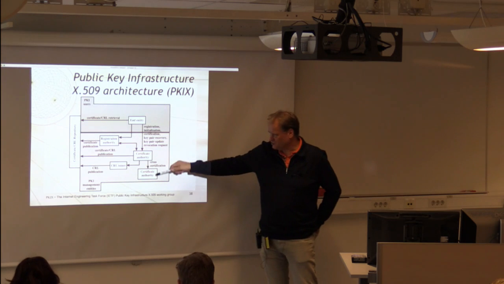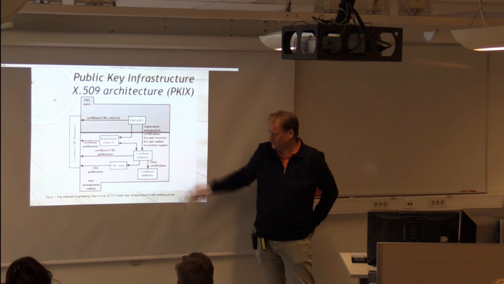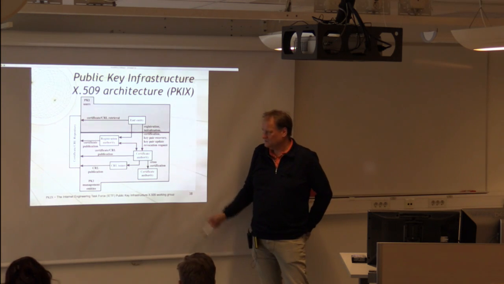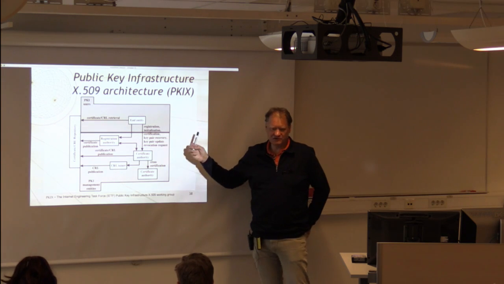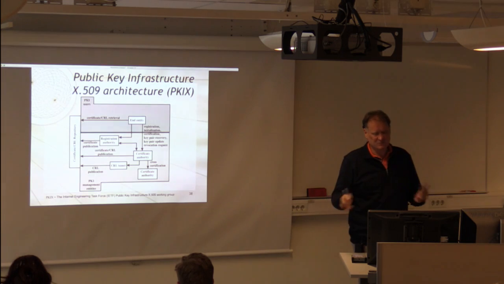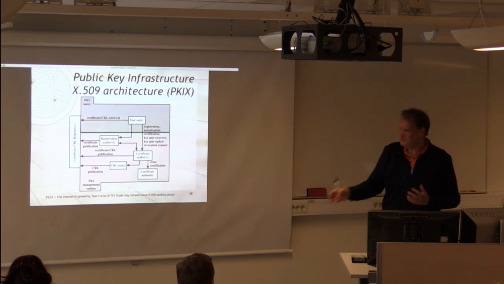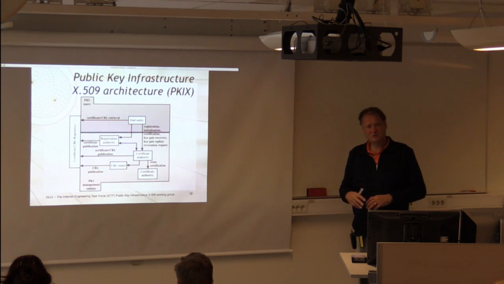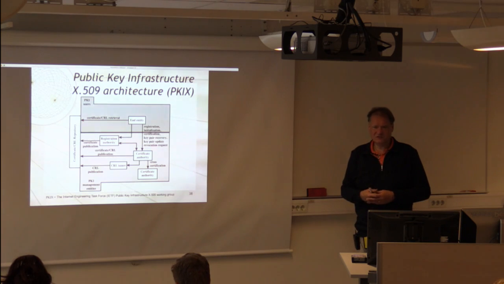And we have this cross-certification between certificate authorities. So all of these require certain types of policies, how to set things up, who decides what type of information do we need to send, to whom, what is the format of that information, and so on. So all of that is governed by this public key infrastructure.